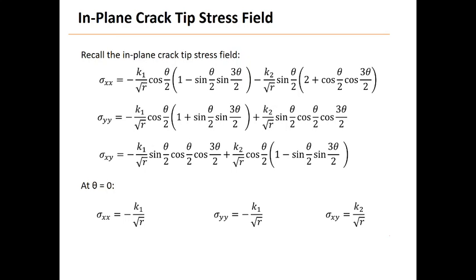So r is the distance of the point where we are finding the stress to the crack tip. As we go close to the crack tip, r is going to be small, and this term is going to dominate because the factor in front is going to be bigger than other terms. So this expression right here is only the leading term.